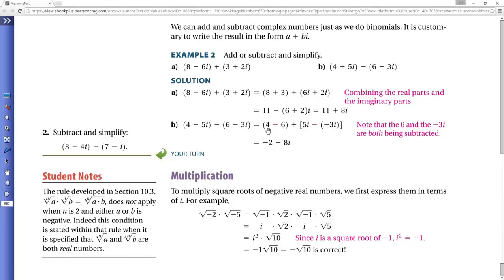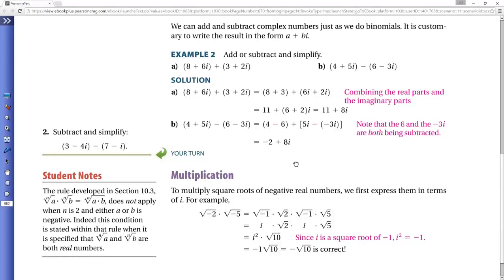They always do this. They say, instead of saying 4 plus a negative 6, they still say 4 minus 6. Well, we had to change to an addition to make that move, that change in order of the commutative property. I don't know why you'd have to go back to subtraction. And especially here, this is where I see a lot of errors when you're subtracting a negative, right? So 5i, this is really 5i plus 3i, which is 8i, okay?